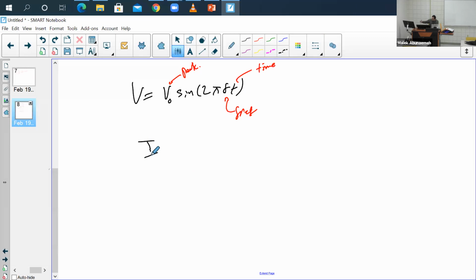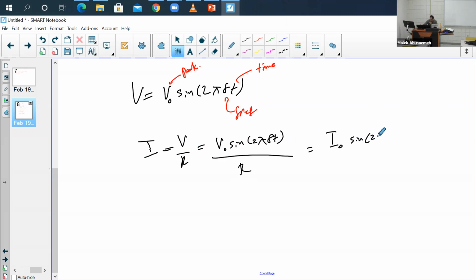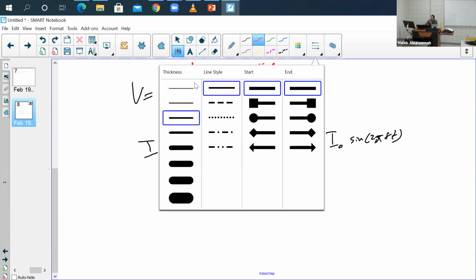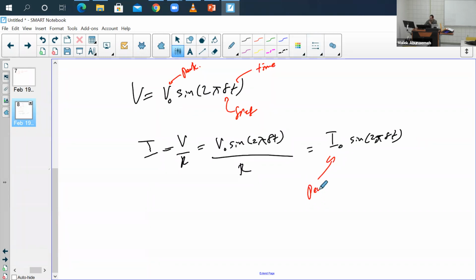Now your current equals your V over R. Go ahead and substitute this in, so what you get is V naught sine 2 pi f t over R. So your V naught over R, that's going to be called I naught sine 2 pi f t. Now, I naught, like V naught was your peak voltage, this is your peak current.